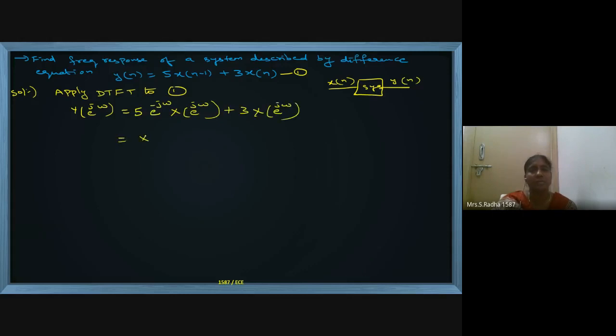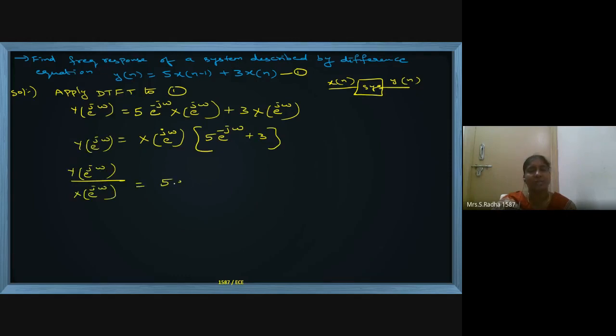Group similar terms together. X of e power j omega, if you take separate, 5 into e power minus j omega plus 3, and Y of e power j omega. If you make the fraction Y of e power j omega by X of e power j omega, it is nothing but 5 into e power minus j omega plus 3.